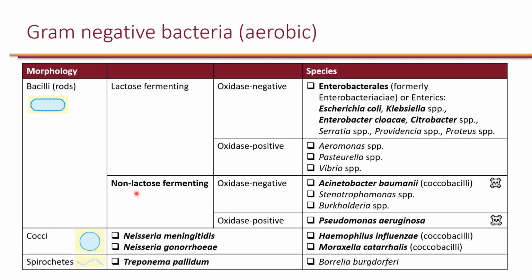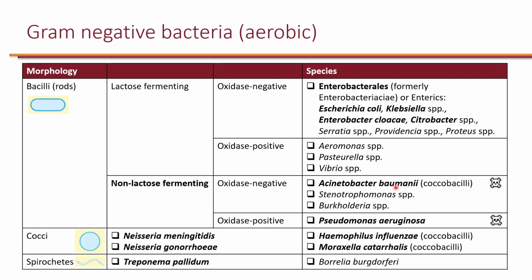And then when it comes to non-lactose fermenters, this is in bold because these are very important organisms; they typically are very resistant to a lot of antibiotics. The most important would be Pseudomonas aeruginosa, which causes a lot of severe infections and becomes difficult to treat.